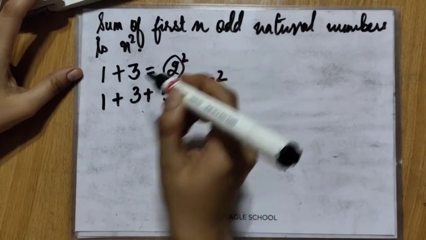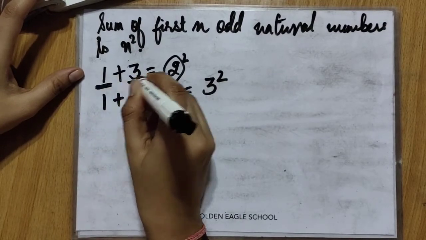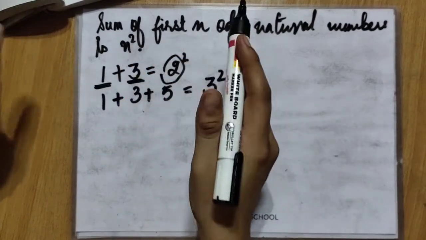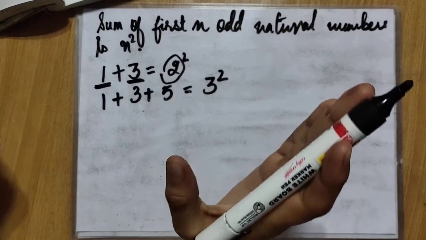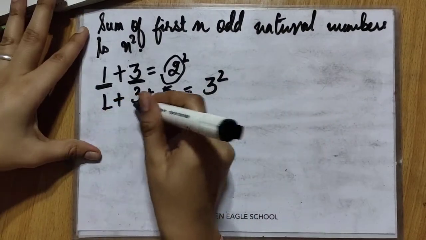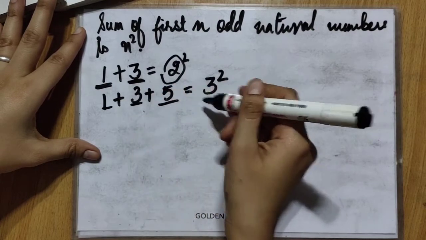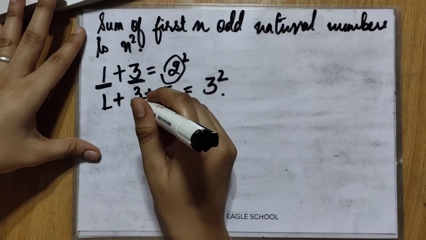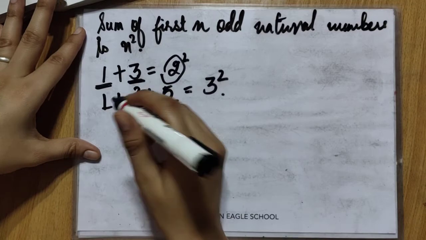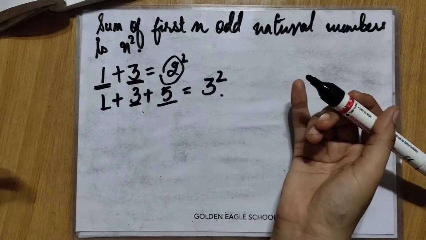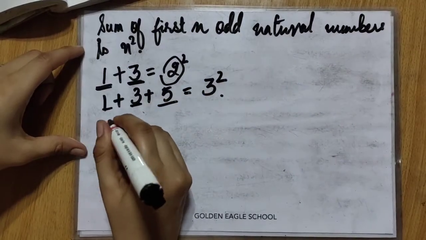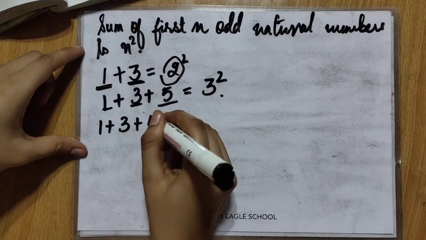This is the number of numbers, how many numbers we are adding. Here we are adding 3, so 3 square. 1 plus 3 is 4, 4 plus 5 is 9. 3 square is 9. Okay, similarly 1 plus 3 plus 5 plus 7.